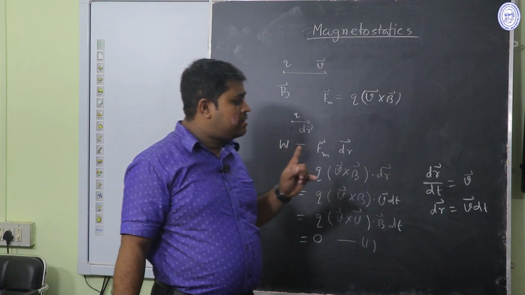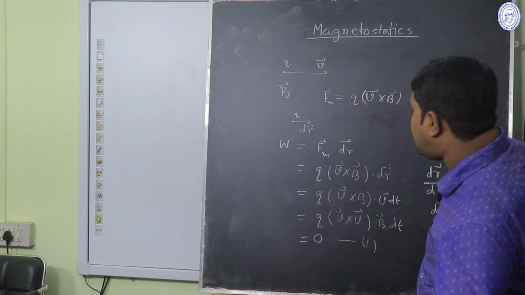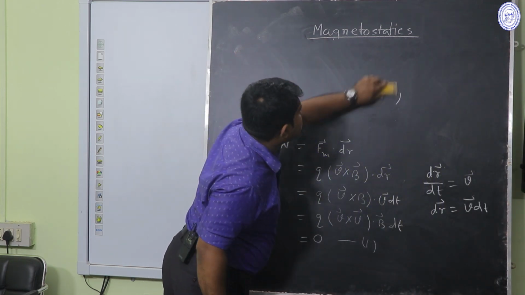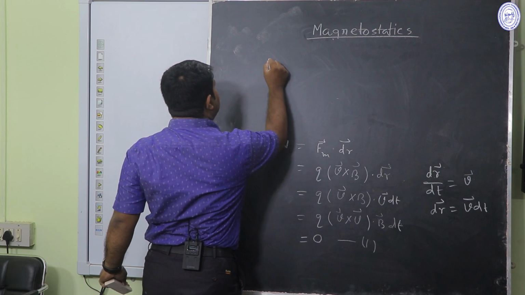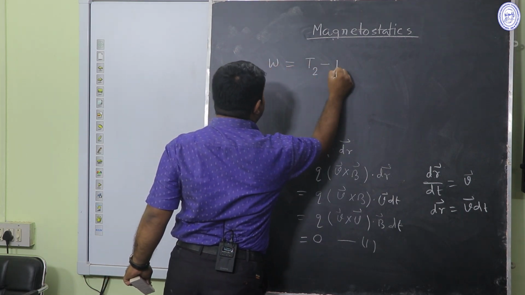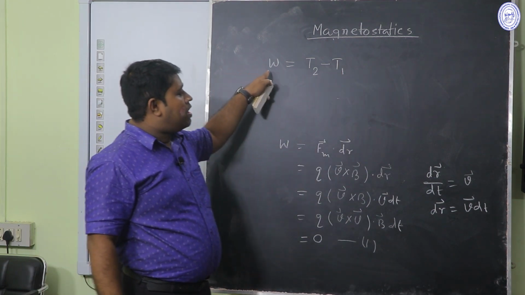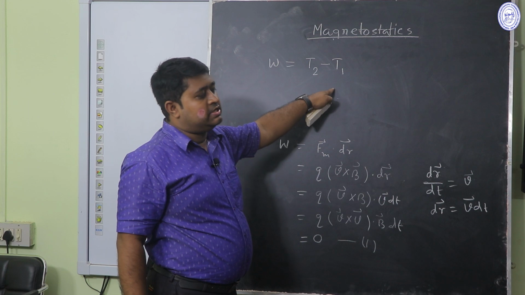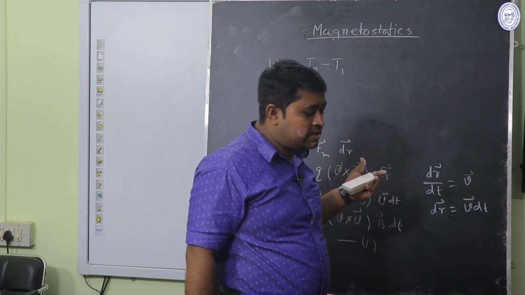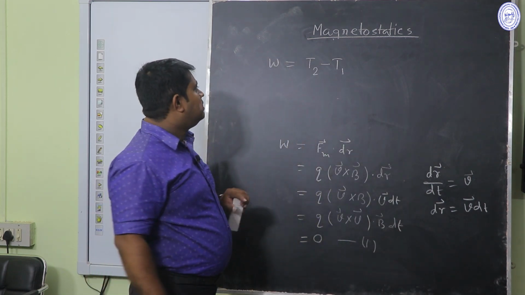Also, according to the work energy theorem, the work done W is equal to the change in kinetic energy, T2 minus T1, where T2 is the final kinetic energy of the particle and T1 is the initial kinetic energy of the particle.